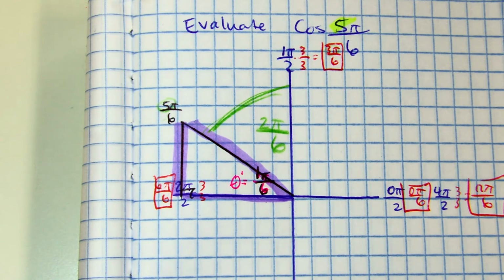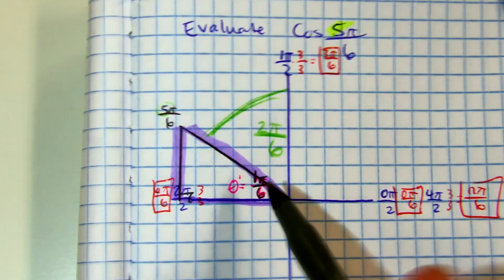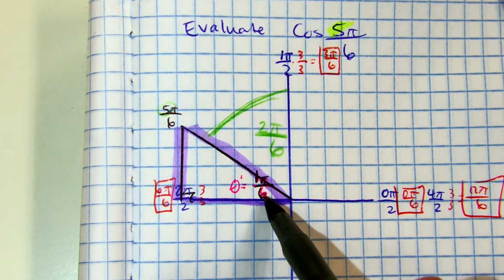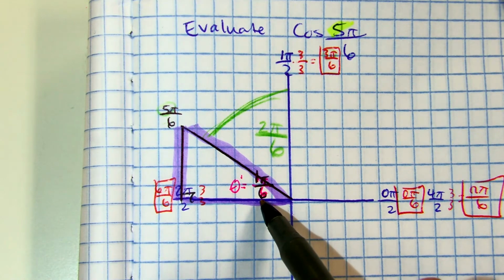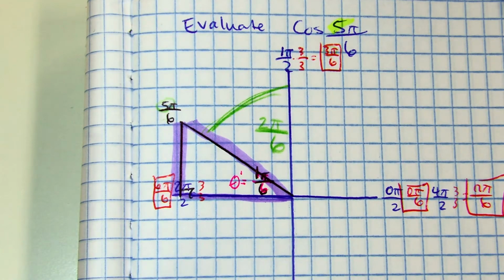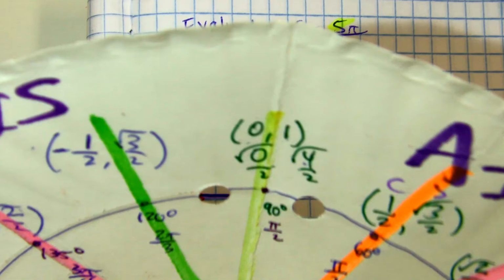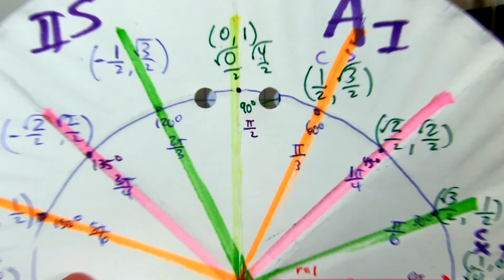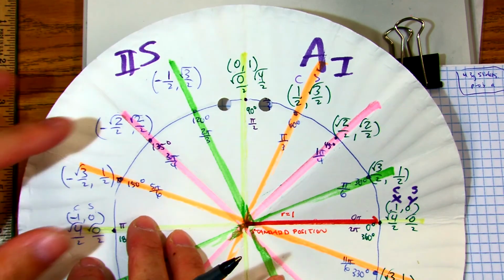Giselle, do you know how much this angle is in degrees? Is it a 30? Let's see. Put your finger where π over 6 is.